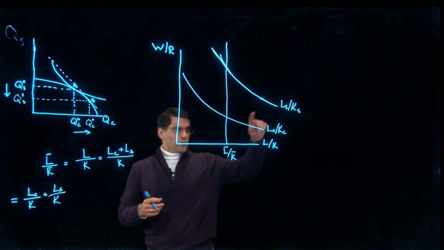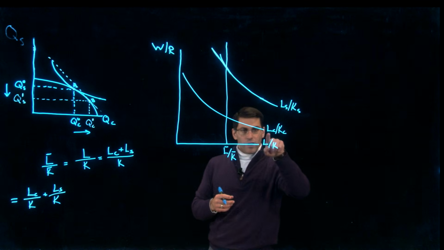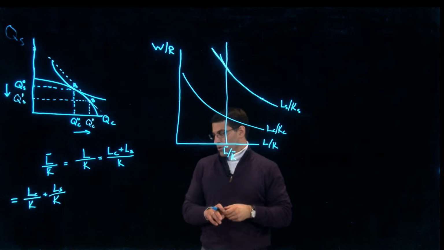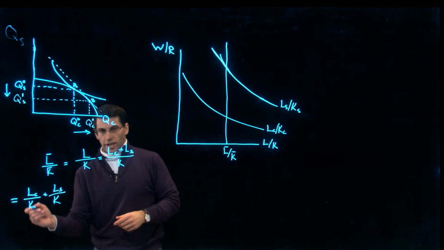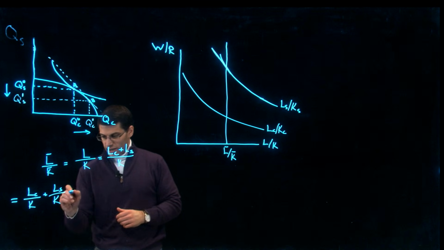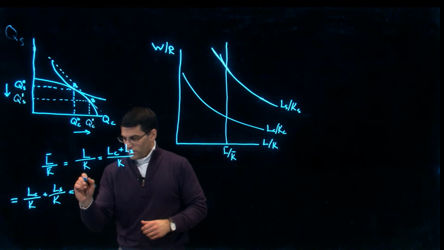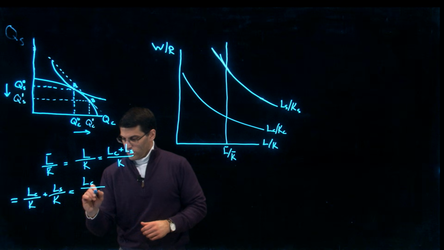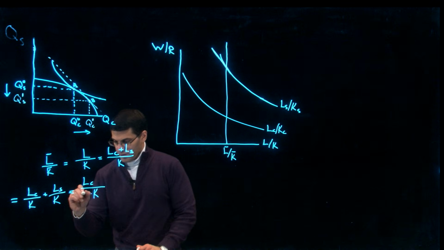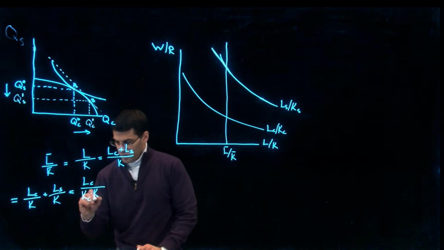Well, when you look over here, what do we have? We have LC over KC. That's the relative demand for labor in computers. So we'd like this first term to have that same ratio in it. So how would we get that? Well, to get that, you can take that LC over K and divide by KC.